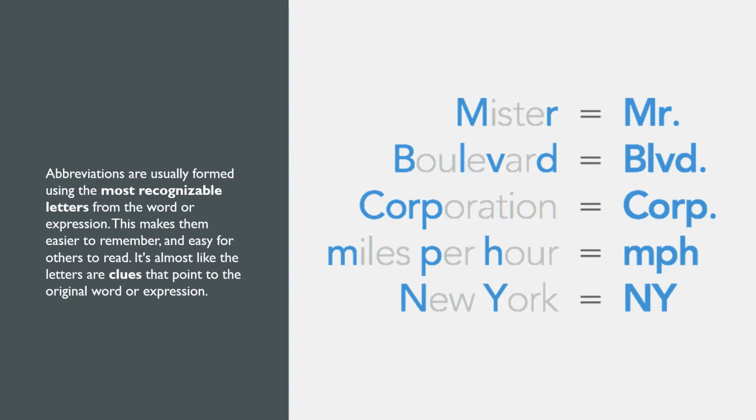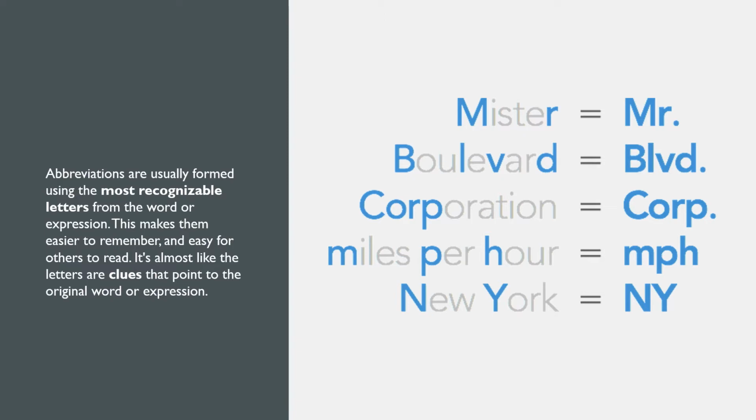So when you think about phonetic learning and spelling, when you sound out the word mister, the M and the R are fairly prominent letters when you're sounding it out. So those are the ones that whoever created this abbreviation chose as the most significant.